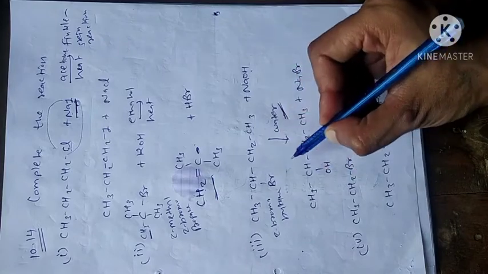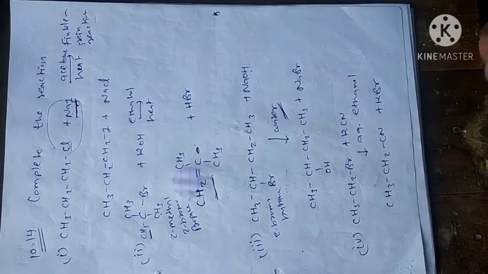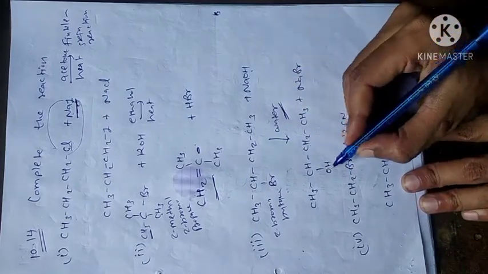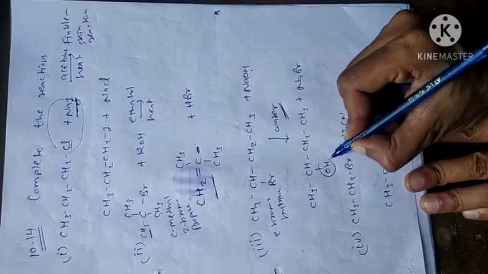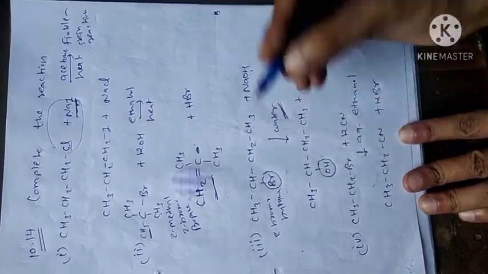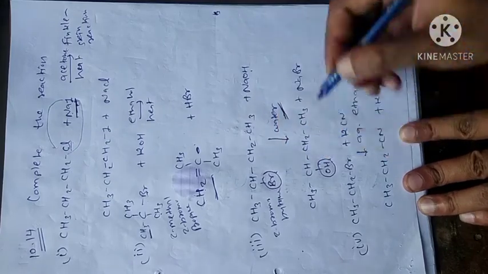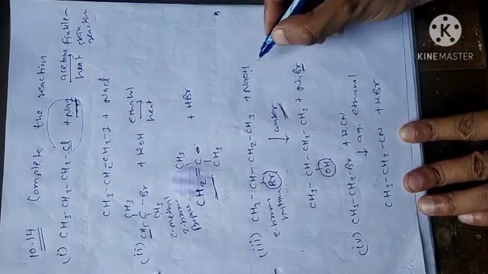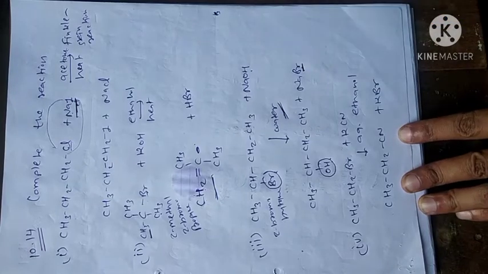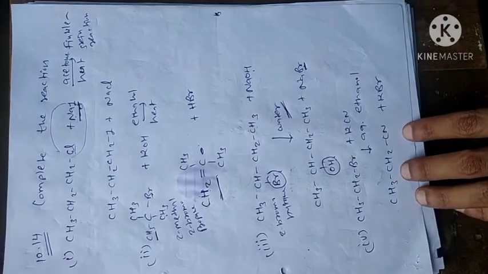So just remove Br and add OH instead of that. So you can see substitution reaction is there. Instead of Br I have OH now. Here also instead of OH I have Br now. So it is substitution reaction.